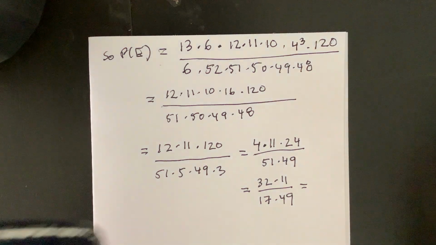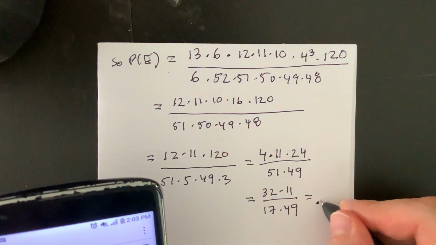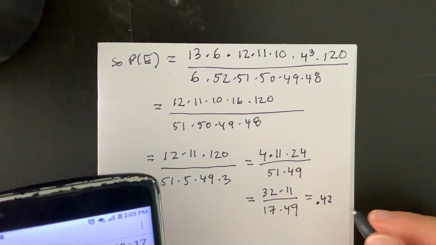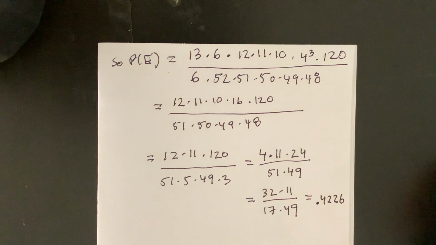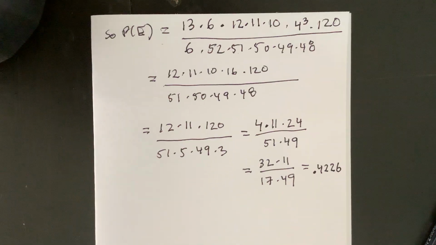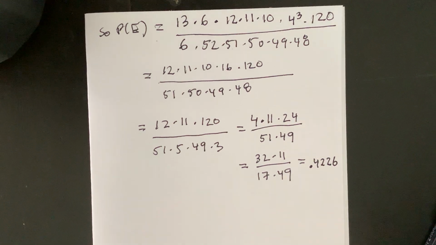Yes, it's right. I remember this. So it's 0.4226 about, last digits rounded. Okay. All right, so a little less than half chance to get a pair.